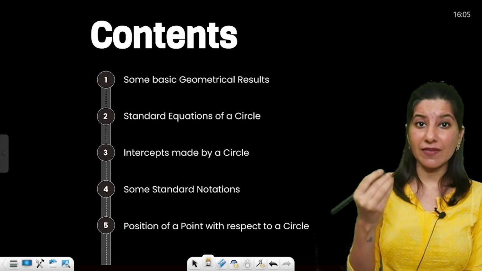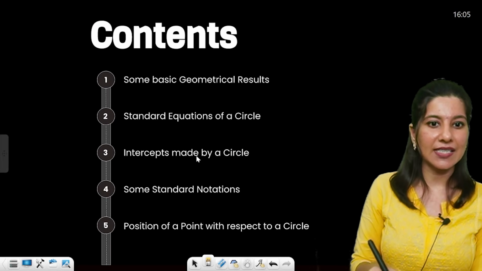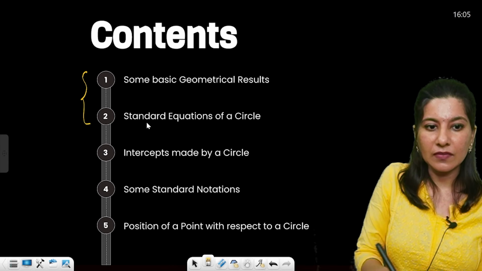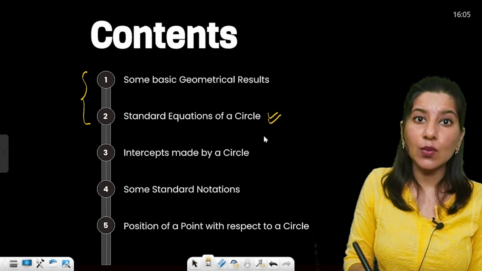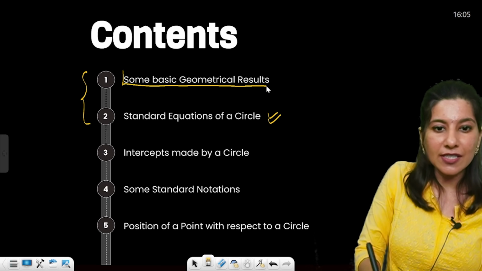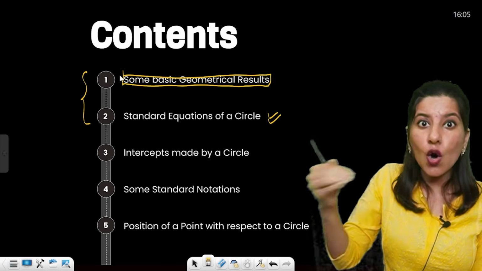So what are we going to cover in the whole circles chapter? First we will cover the standard equation of a circle. Basic geometric results, the class 10th basics, we will cover along the session.